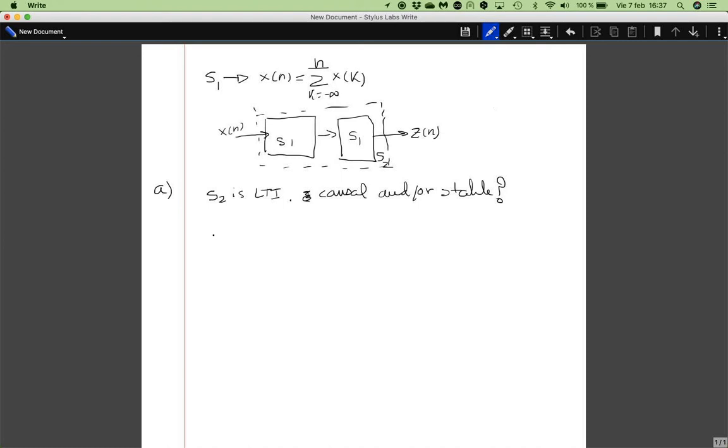So first of all, what you can see is that S2 is a series combination of two identical systems, S1. So if S1 is LTI, then for sure S2 will be LTI, because when you concatenate or put in series two LTI systems, then the overall system is an LTI.